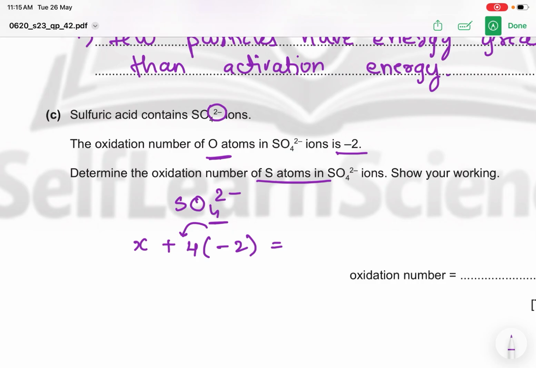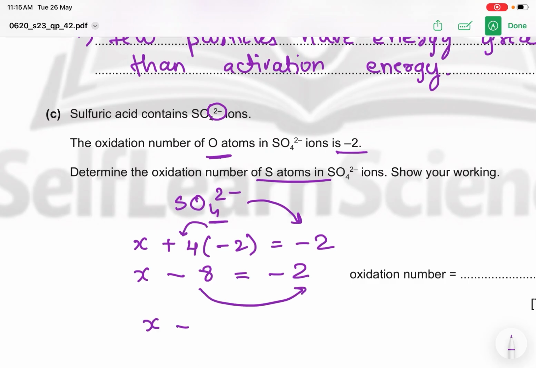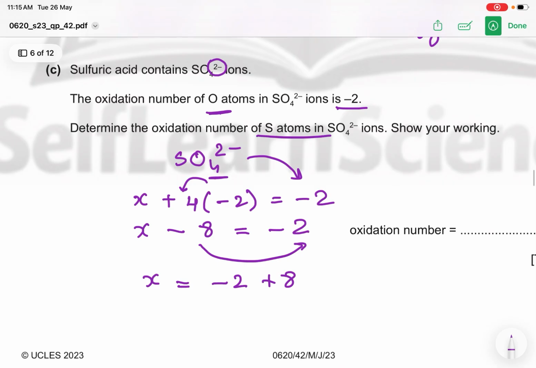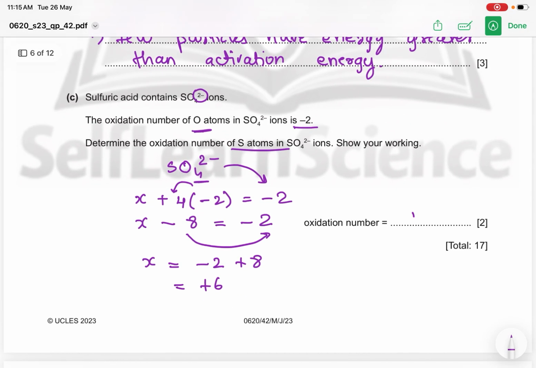Sulfate ions are carrying a minus 2 charge. Now, x minus 4 times 2, that is 8, is equal to minus 2. This minus 8 will go here. So, x is equal to minus 2 plus 8, which gives me plus 6. So the oxidation number of sulfur we get here is plus 6.